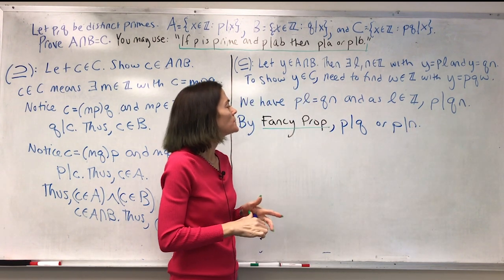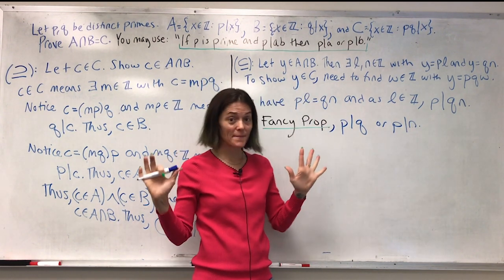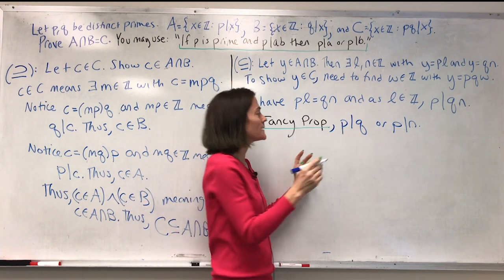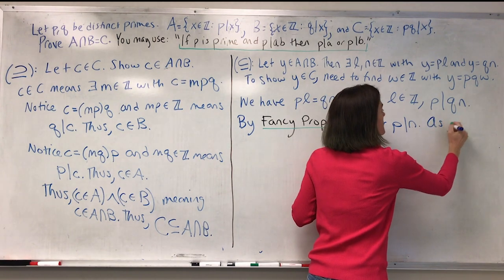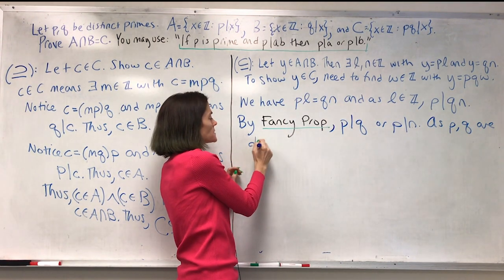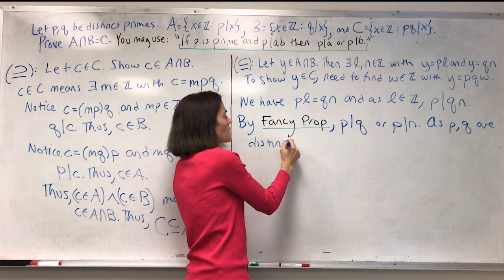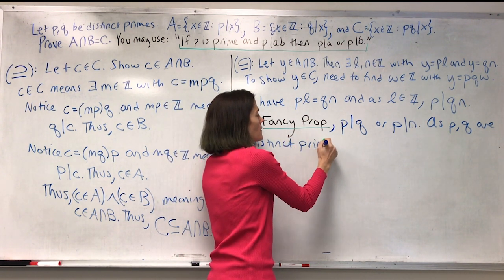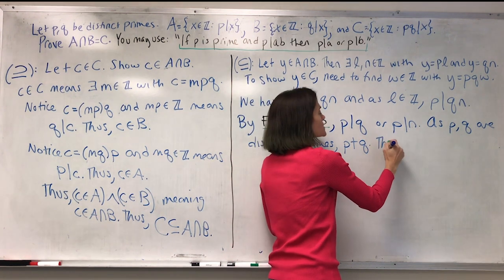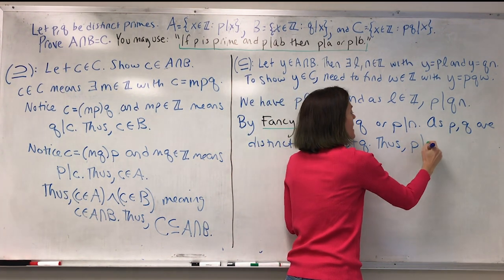Now, p and q are prime and they are distinct, so this cannot happen. p and q are distinct primes. p does not divide q. Thus, we may conclude that p divides n.